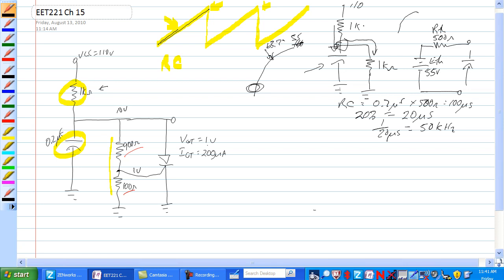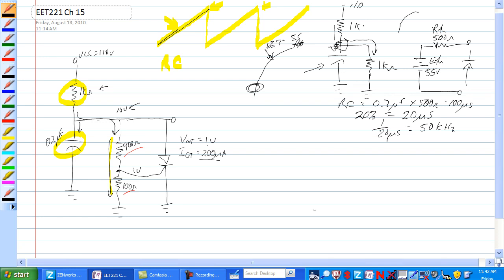When I have 1 volt here, I also need the 200 microamps. Current path is this way, and charging current through the cap. When I have a current here, the voltage of the cap builds up so that when I get 10 volts here, I'll have a volt across here.